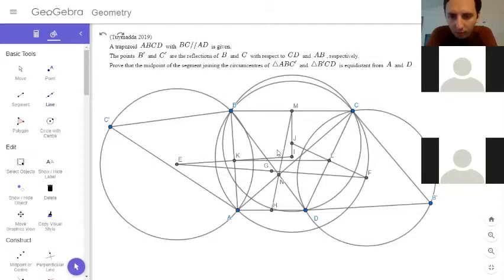So I guess I kind of wonder, can we find the point such that BEA is similar to CXD?